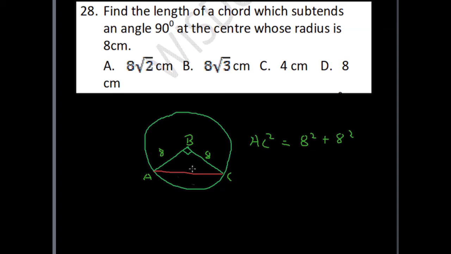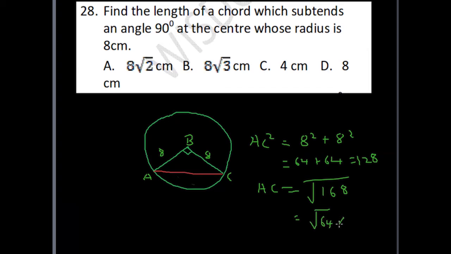So this is 64 plus 64, 128. So AC, which is the length of the chord, is square root of 128. So that's 64 times 2. That is option A. Option A is the correct one.